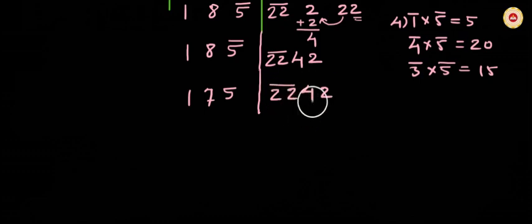See this remainder carefully. First 2 digits are negative. When first digit is negative, then whole number is negative. See, I will explain it. 2, 2, 4, 2 with first 2 2's are negative.